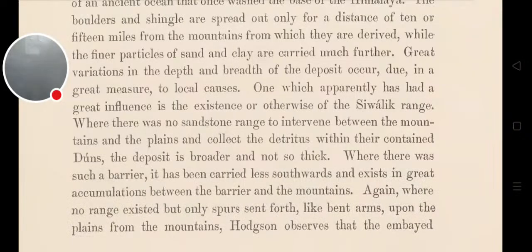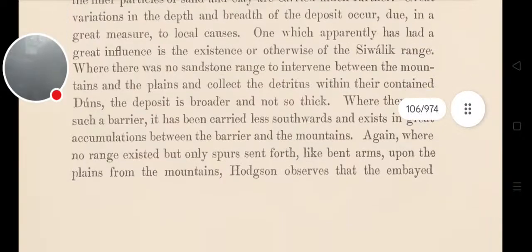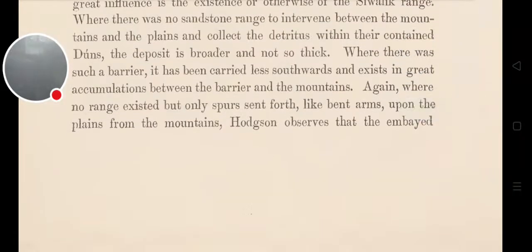One which apparently has had a great influence is the existence or otherwise of the Shivalik range. Where there was no sandstone range to intervene between the mountains and the plains and collect the detritus within their contained dunes, the deposit is broader and not so thick. Where there was such a barrier, it has been carried less southwards and exists in great accumulations between the barrier and the mountains.